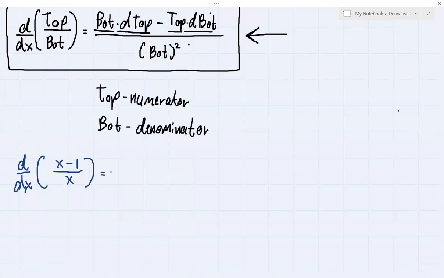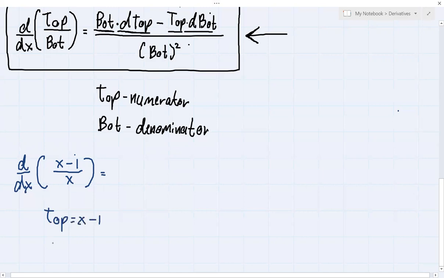For this one, we will use the quotient rule instead. So, this is top, right? Your top is x minus 1, and the bottom is x. Now, let's get the derivative of the top. What is the derivative of x minus 1?